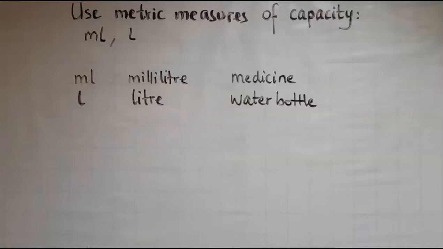We measure medicine in milliliters, or very small amounts. Maybe oil you're going to put when you cook, how much oil you're going to put. So milliliters, I'll show you a milliliter.